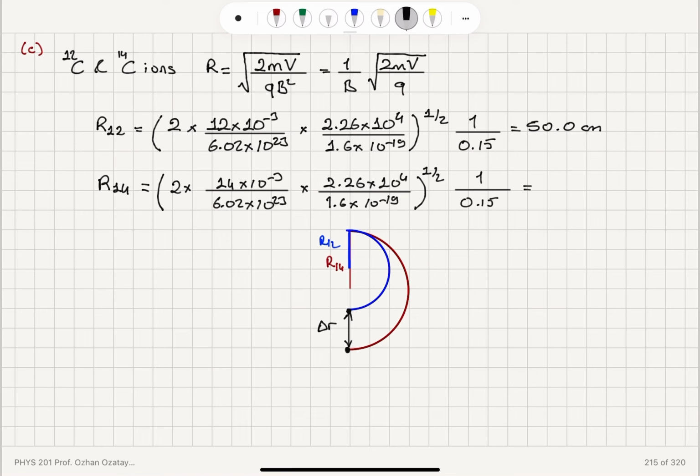Now I see that if I take the answer for R12, divide by the square root of 12 and multiply by the square root of 14, I will have R14. So R14 is R12 multiplied by the square root of 14 divided by the square root of 12. That's the simple observation. With that, I can calculate the difference between R14 and R12. The difference between these two radii turns out to be 4.0 centimeters.